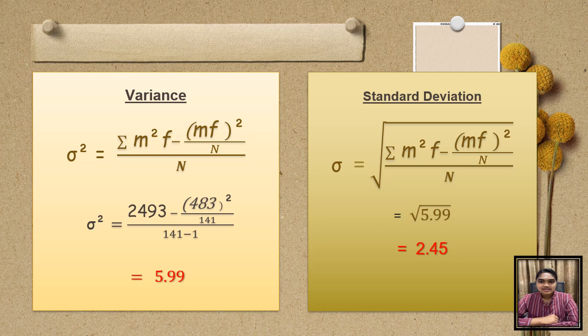If we substitute, we will get 5.99. For standard deviation, it's called sigma. We can directly substitute the answer into a square root, so we will get 2.45.